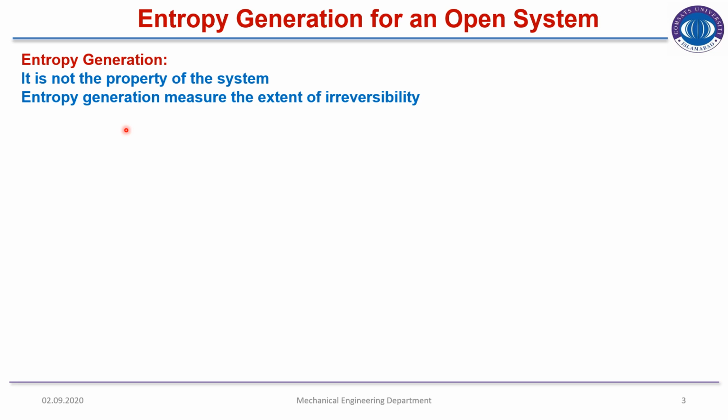One has frictional effects that are more in path 1. So the irreversibility for path 1 is greater than for path 2. Therefore the corresponding entropy generation will be greater for that path.